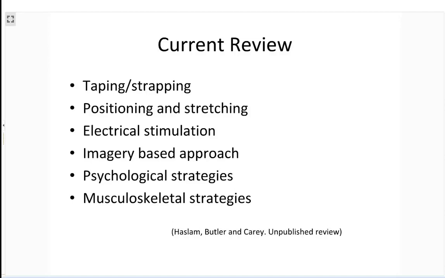There's mixed evidence from positioning and stretching, from no effect to actually some negative effect. Electrical stimulation, there are a couple of studies that show some effect, but this is from implanted stimulation, and we don't have studies with regards to use of imagery-based or psychological strategies and general musculoskeletal strategies.